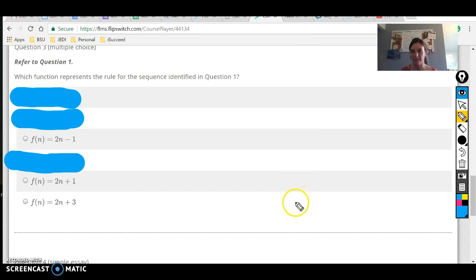Now, remember when I said that if we had 0 items, it would take 1 hour. The reason I said that is because if we graph this, one thing would take 3 hours, 2 things would take 5, 3 things would take 7, so that puts us at these points.